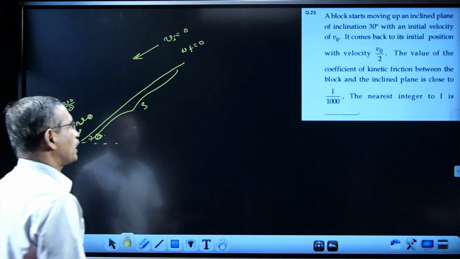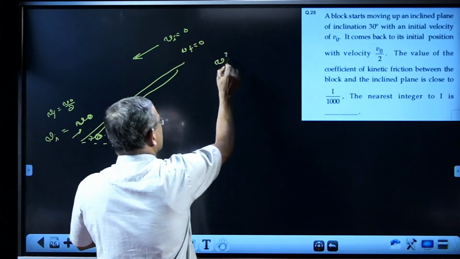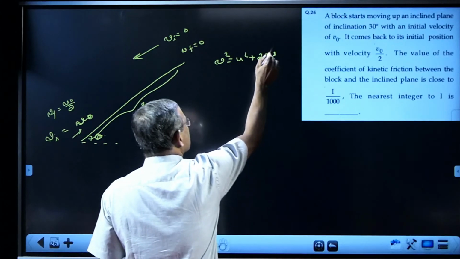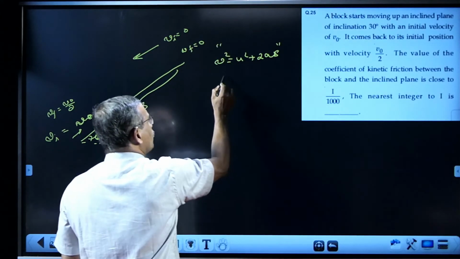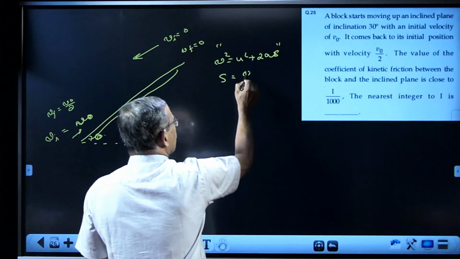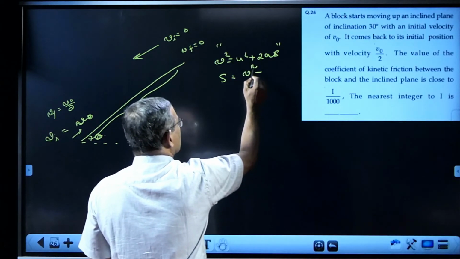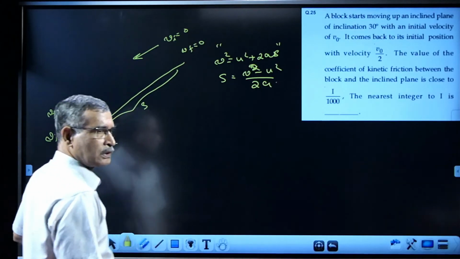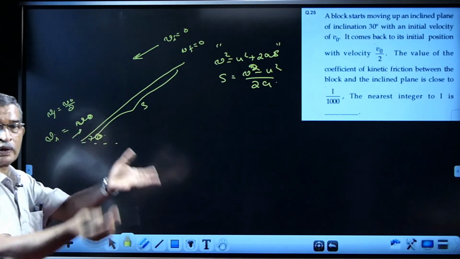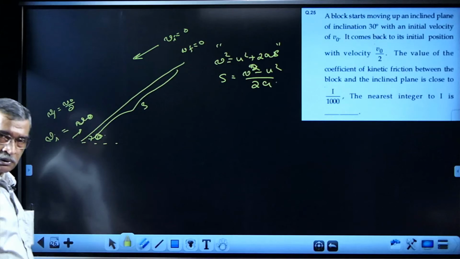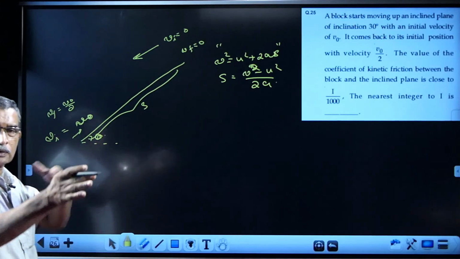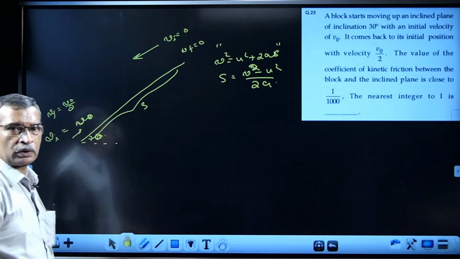For the upward journey, you know our basic formula: v square equals u square plus 2as, or s is equal to v square minus u square by 2a. The length of the inclined plane, whether it goes up or down, is the same.